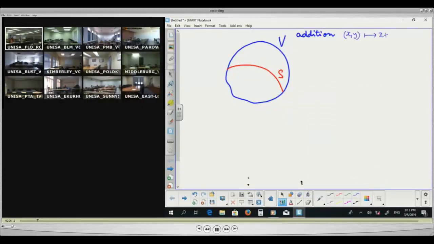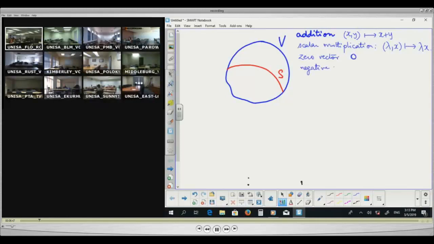It has its own zero vector. And it has its negative vector. Okay? So when you gave me this vector space, you not only gave me the set V, but you gave me all of this. It already came. And you have given me this subset.